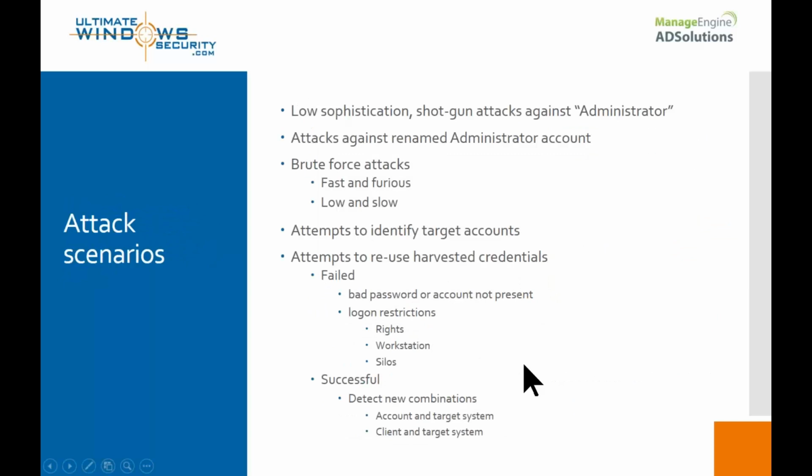All right, now, here's the attack scenarios we're going to talk about. We'll talk very briefly about some easy ones. Low sophistication shotgun attacks against administrator, attacks against a renamed admin account. We'll talk about brute force attacks, attempts to identify target accounts, and then finally the most sophisticated are detecting attempts to reuse harvested credentials.